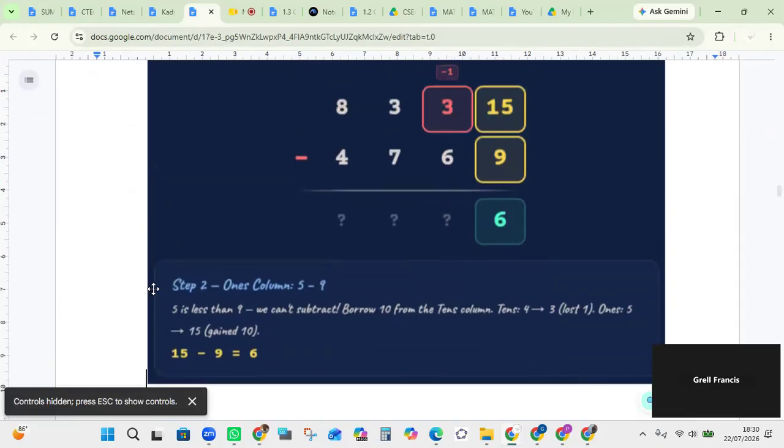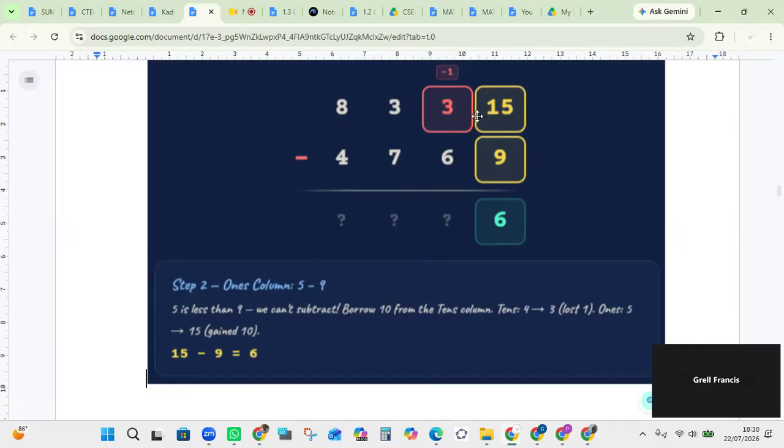Katie, you're the one that asked that question, right? So can you read what is written there? 5 is less than 9. That's a dash. We can't subtract, borrow 10 from the tens column. Right. Just to interrupt a minute, you used to have 8,345, right?